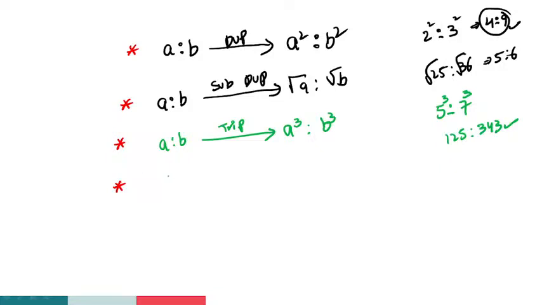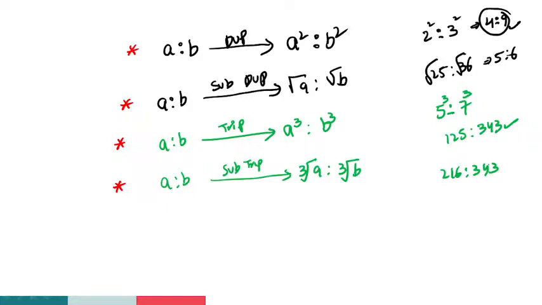And coming to the last point here, A is to B sub triplicate ratio. The sub triplicate ratio is cube root of A is to cube root of B. For example, 216 is to 343.